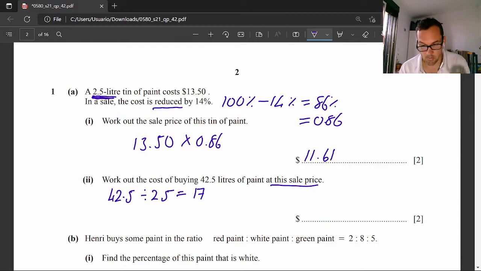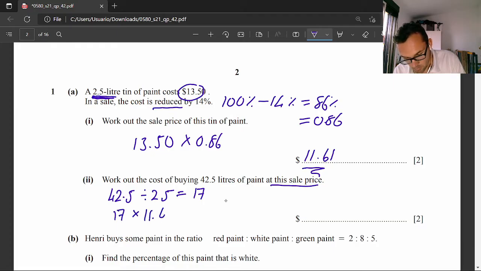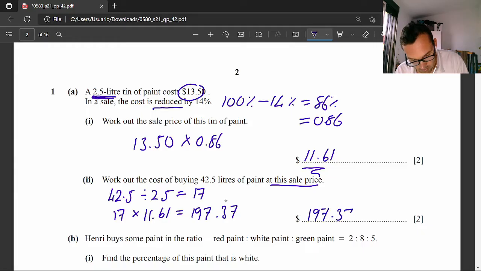Now we're buying them not at the original price, but at the sale price. So we need to take our answer from the previous question. 17 tins times 11.61 gives us $197.37. Do not round this to three significant figures. It's money. Write it to two decimal places.